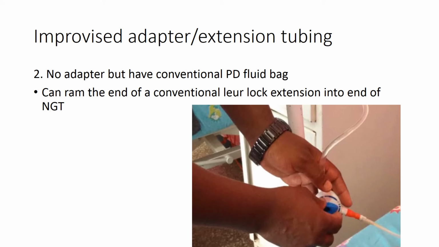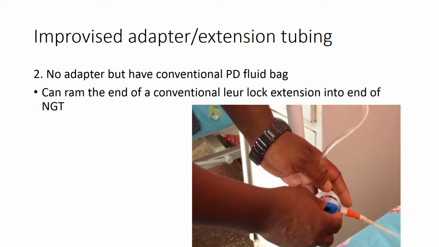You just push it in. It's kind of hard, but you use a little bit of force to push it through and it holds. You may get a little bit of leak initially, but by the time you're changing to your second bag, we find that it fits in very snugly. So this is what we use.